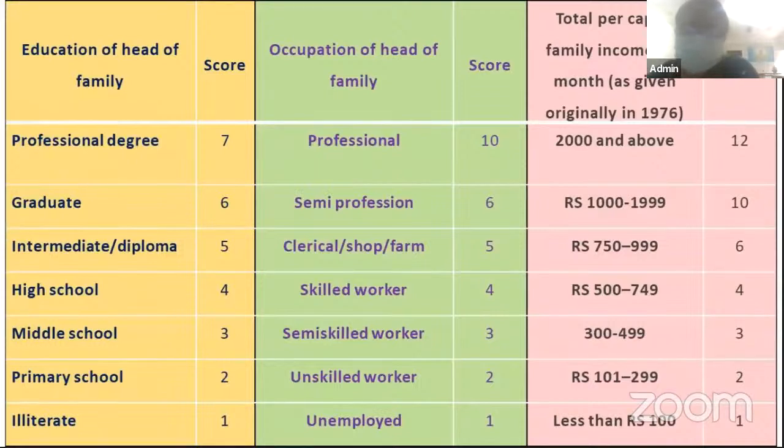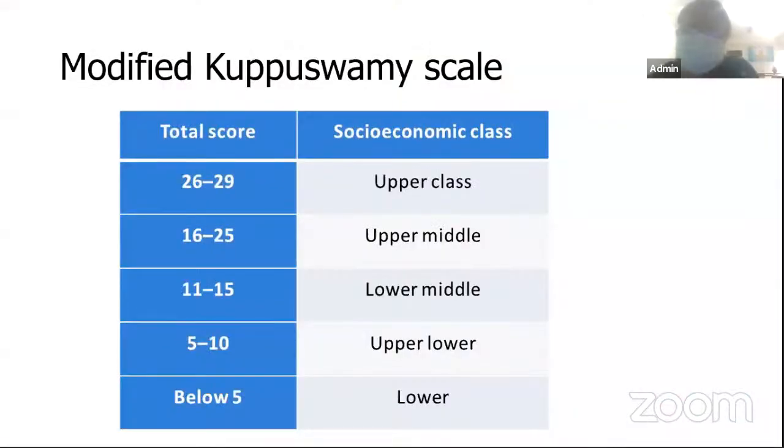Occupation of the head of the family also has some scoring, and income changes at least every 2 to 3 years. According to these, the total score is calculated, and this total score determines the categories, whether upper class or lower class.